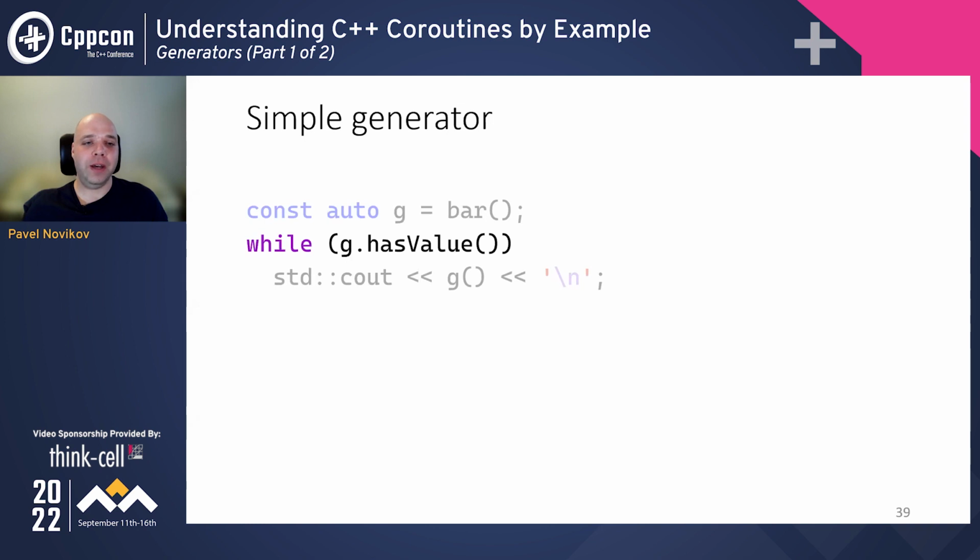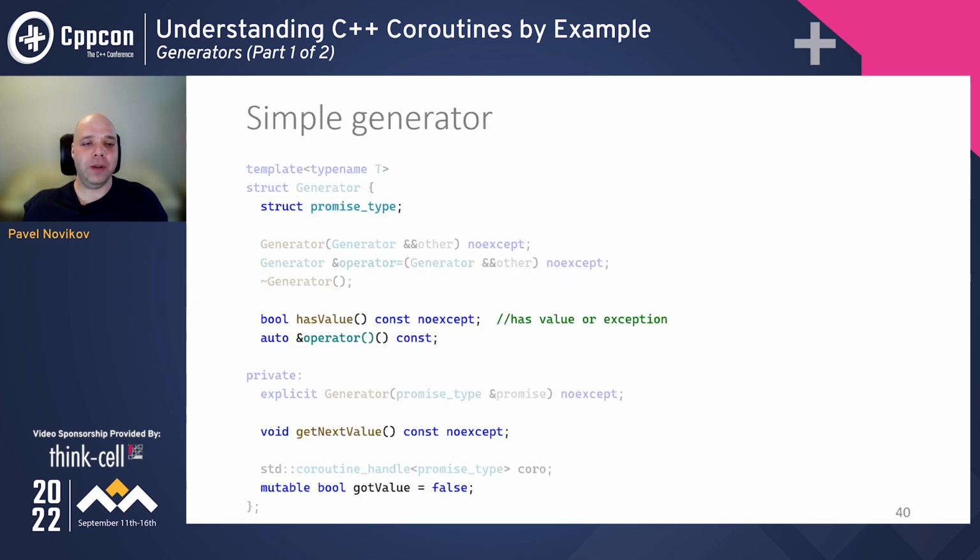So we can add a has_value member function to know if the generator has values and if we can try to extract more values. This is the overview of an example of such an implementation. You can see that we have at the bottom a mutable bool.